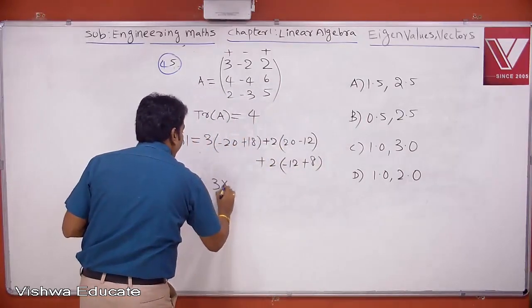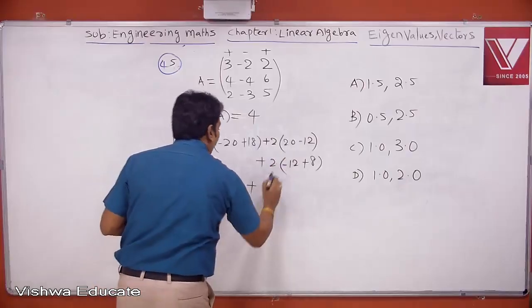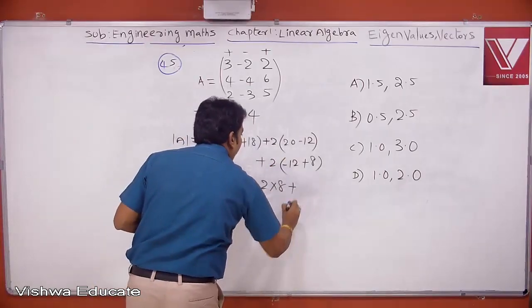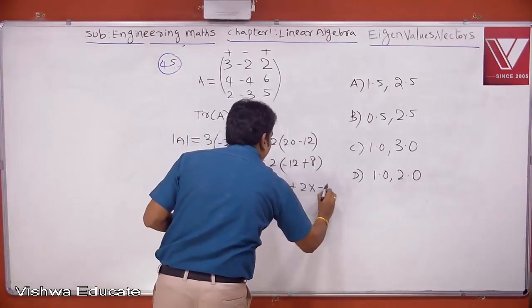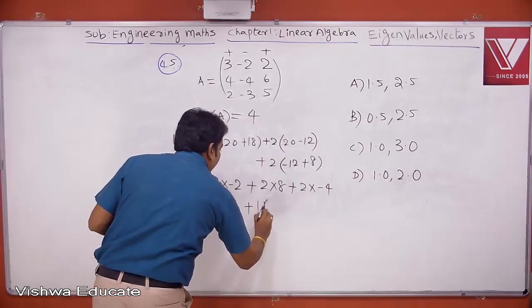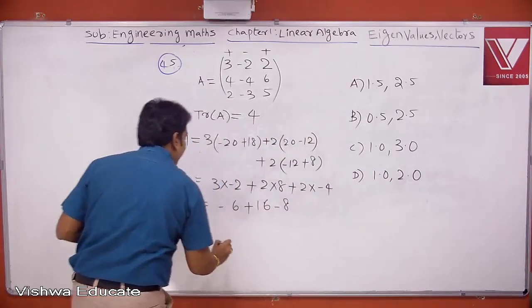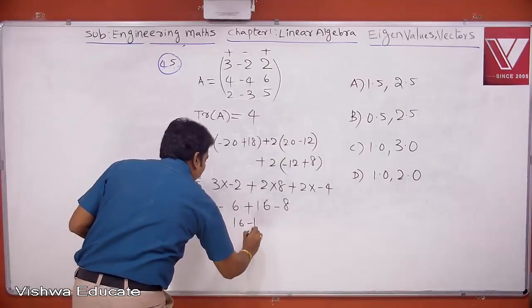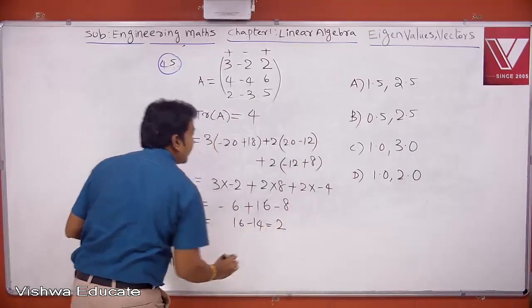This is 3 into minus 2, plus 2 into 8, plus 2 into minus 4. So minus 6 plus 16 minus 8, which is 16 minus 14, that is 2.